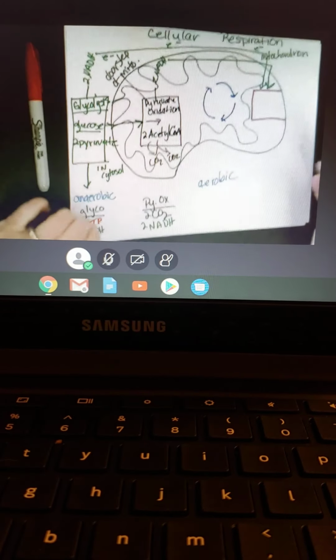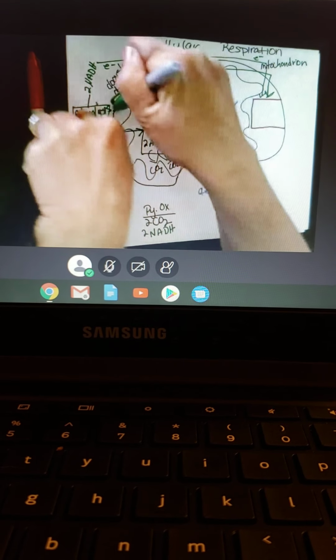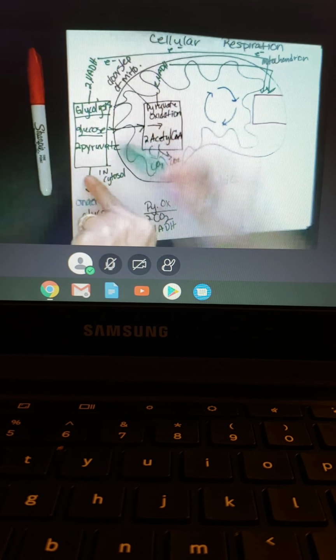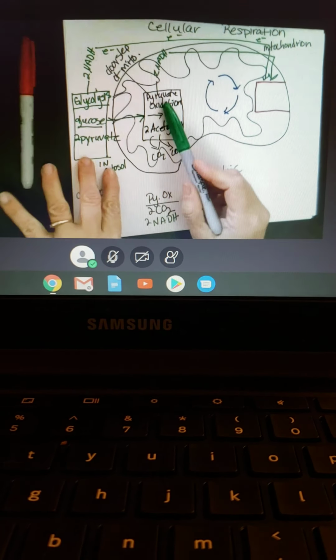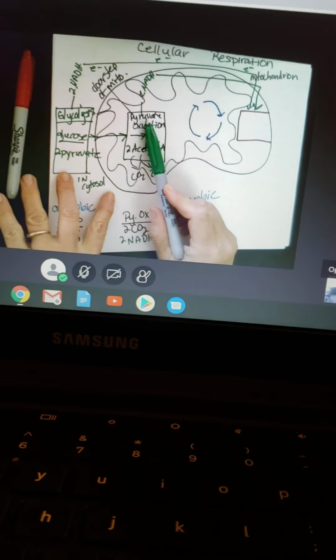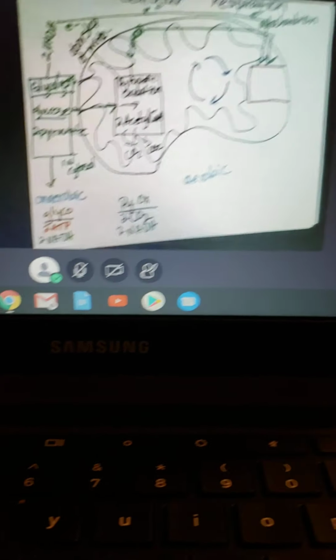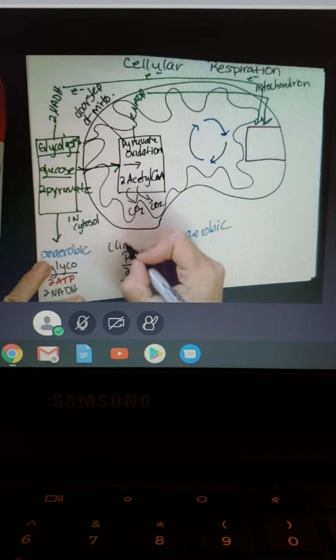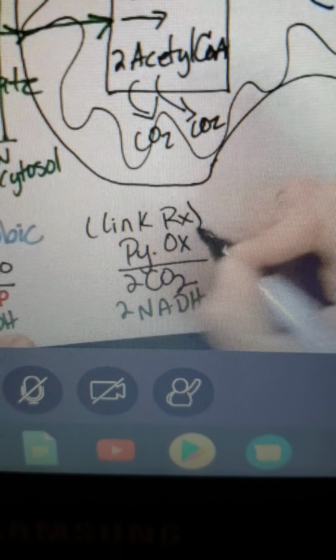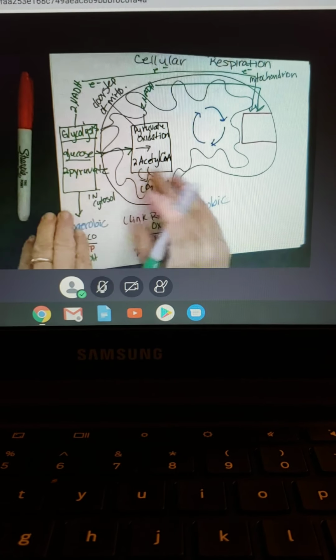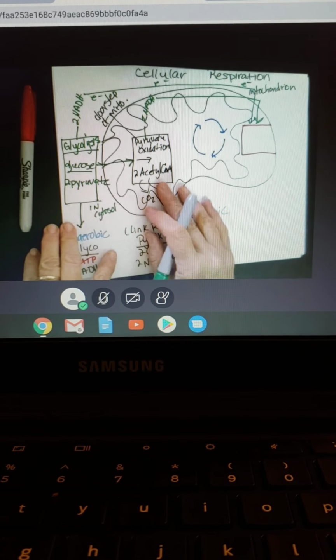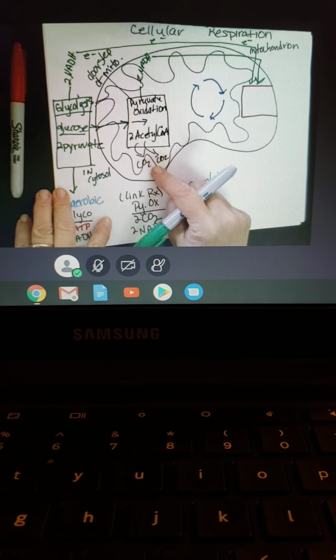All right, so now that we have taken our glycolysis, we've split it in 2. We've sent those 2 molecules over here, okay, to the link reaction, all right? You can call that the link reaction, as well as pyruvate oxidation. Link reaction is a little easier, right? And so we're going to oxidize the pyruvate and turn it into 2 acetyl-CoA, and we're going to have 2 CO2 as byproducts.